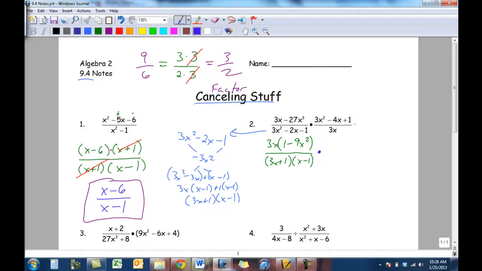Now we have to factor this top. Oh, snap. GCF again? No. So we have to Batman this bad boy: 3x squared minus 4x plus 1. Go ahead and Batman, and I'll Batman mine, and we'll see if we agree. This time it multiplies to positive 3 and adds up to -4. That means these are both negative this time. When you group it, make sure this negative is inside the second one.